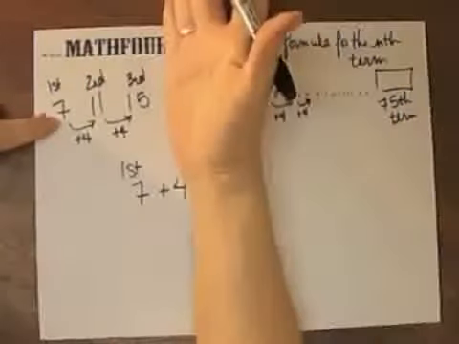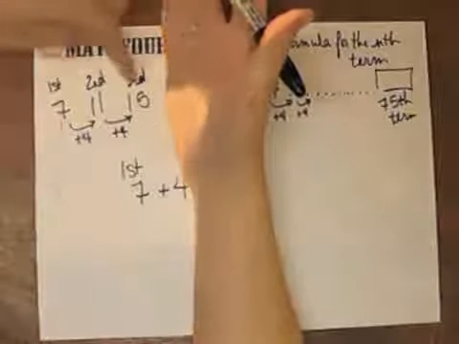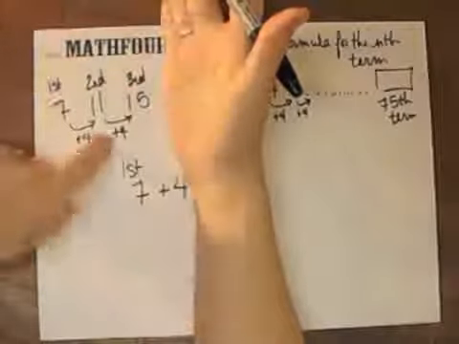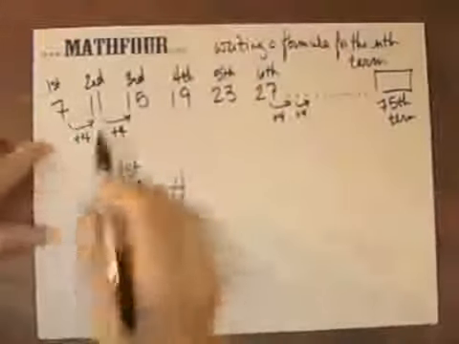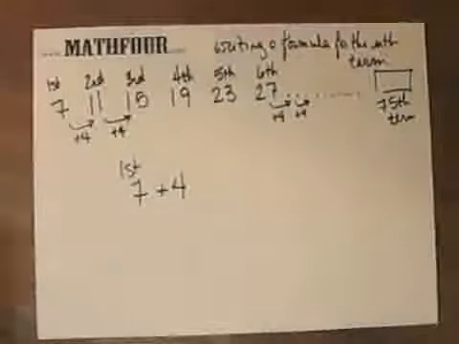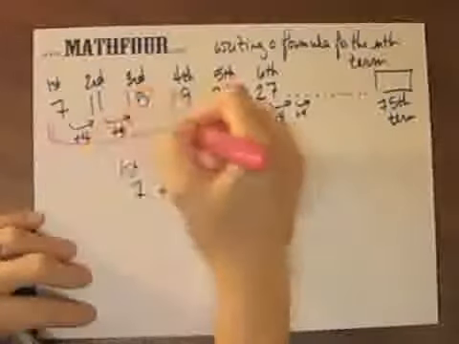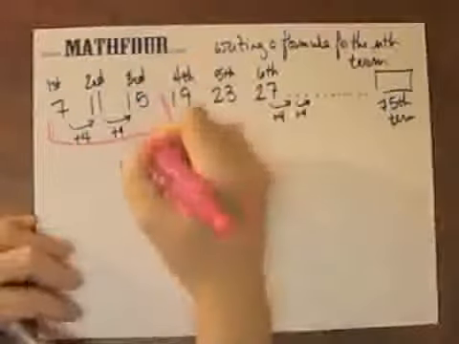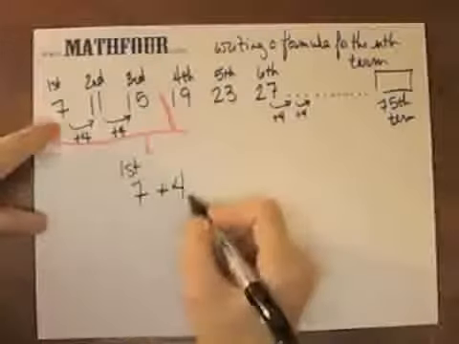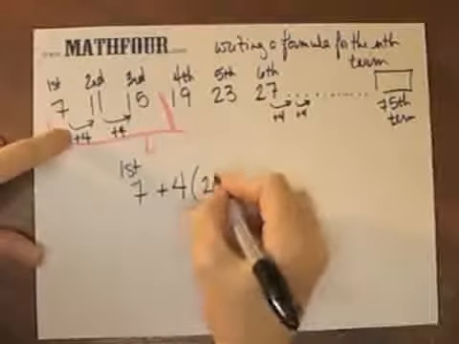Because suppose I wanted to do just this piece. I start with 7, and to get to term 3, I would add 4 twice. So doing just this piece, I do 7 plus 4 times 2.